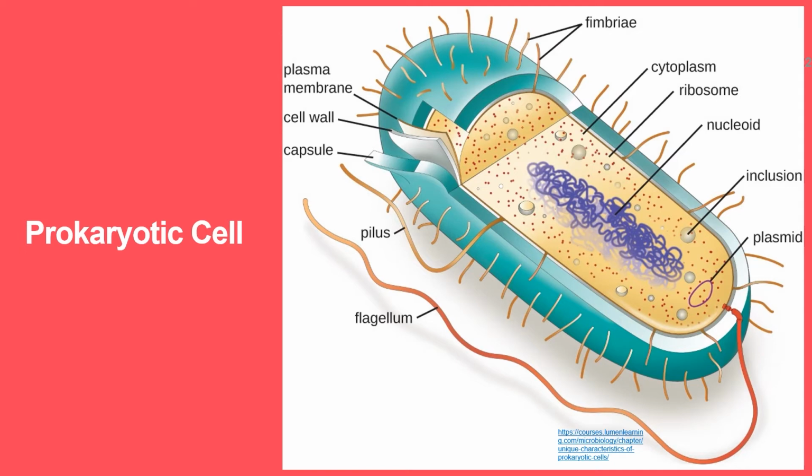And also, we've got this larger hair-like structure known as the pilus. And this is a structure that allows transfer of DNA from one bacterium to another by cell-to-cell contact. And lastly, this large flagellum, and that's used to be able to move that bacterium towards or away from something.